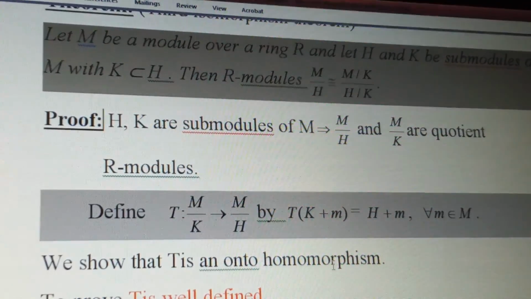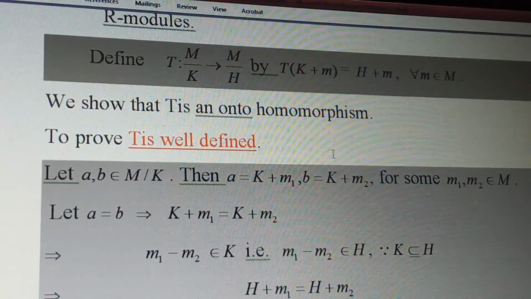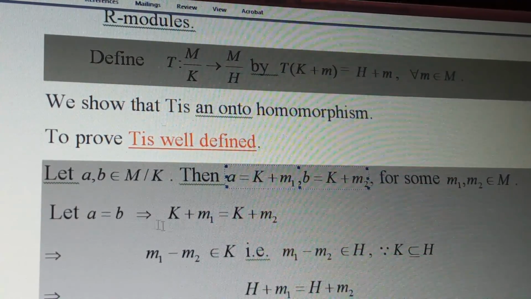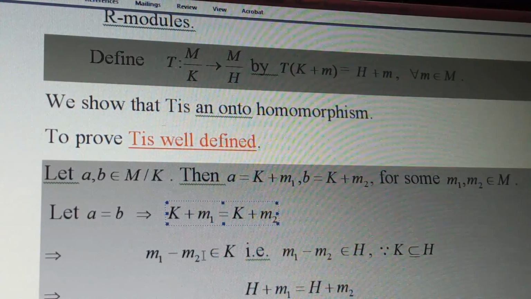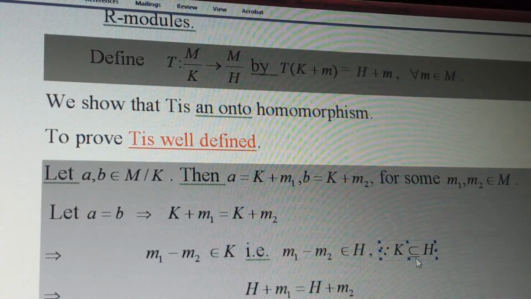We show that T is an onto homomorphism. To prove T is well defined, as in the previous theorem, well defined means that if elements are the same, their images are the same. So we take two elements of the first quotient module, A = K + m1 and B = K + m2, where m1 and m2 are elements of M. Let A = B. Substituting the values of A and B, m1 - m2 belongs to K, and this gives m1 - m2 belongs to H, since the condition that K is a subset of H is already given in the theorem.